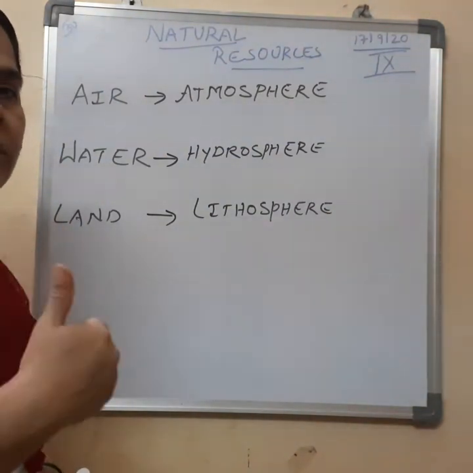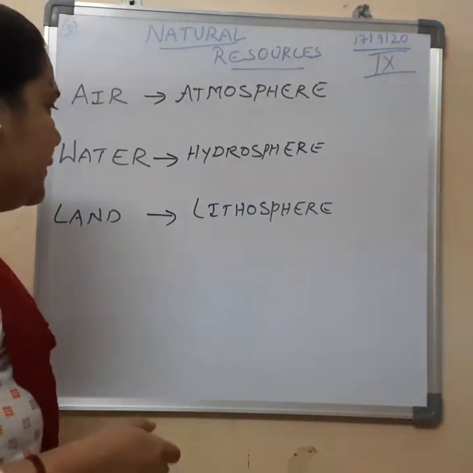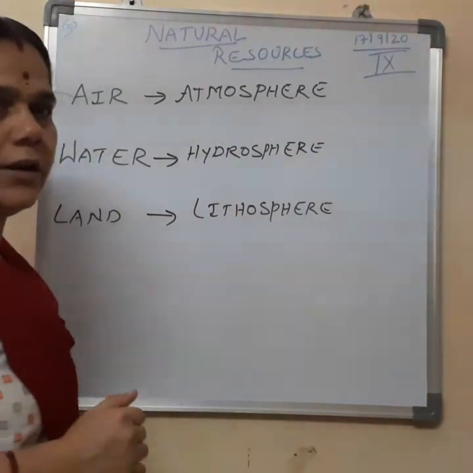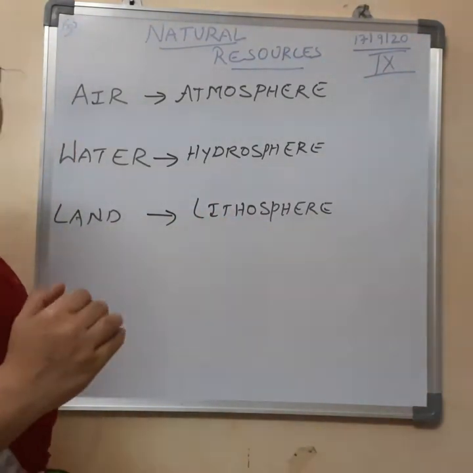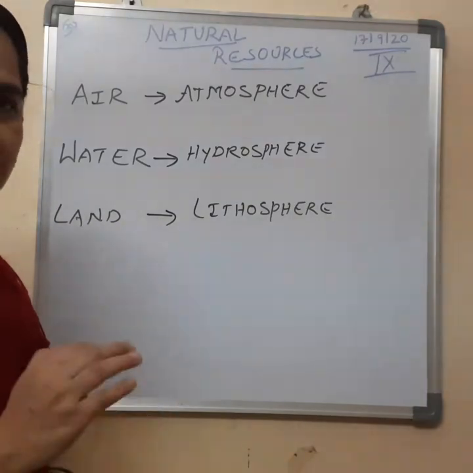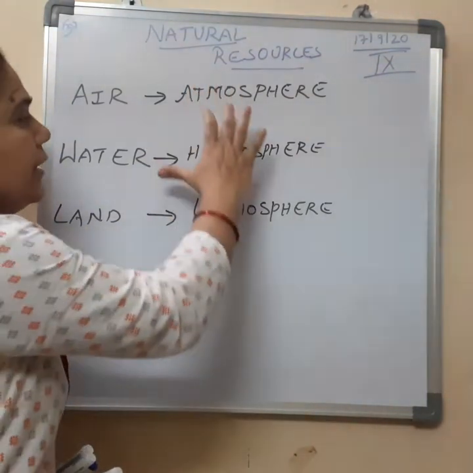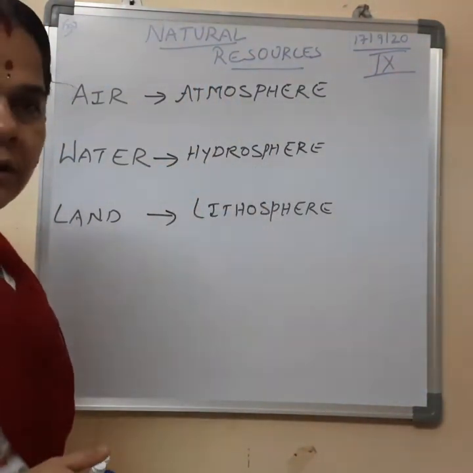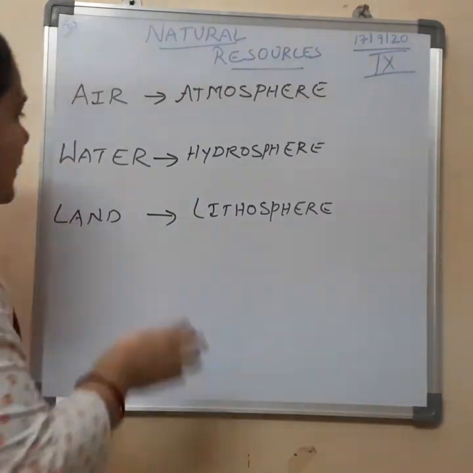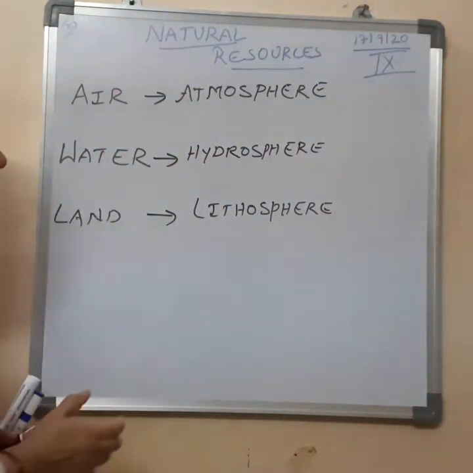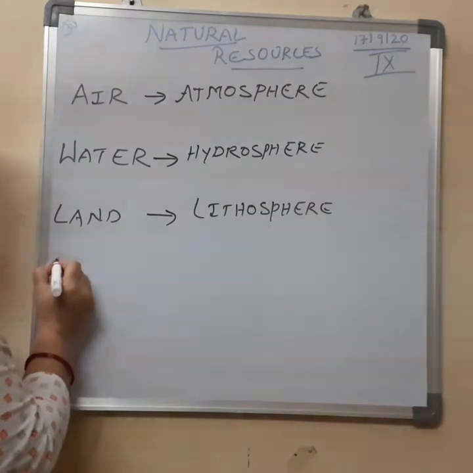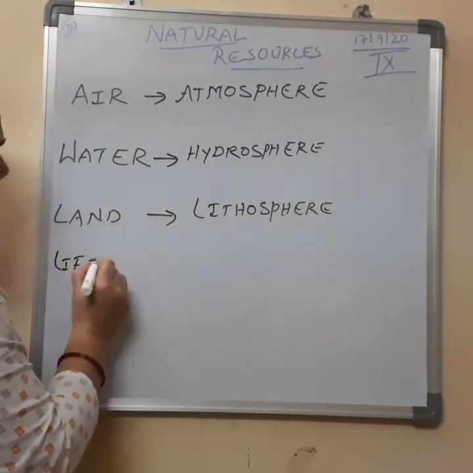We will be talking in detail in the coming sessions. Then land, that is soil, which is also an essential part of mankind's life, isn't it? Now when all these are present, then only a living organism is able to survive. So when these three components interact, they make the life forms survive.